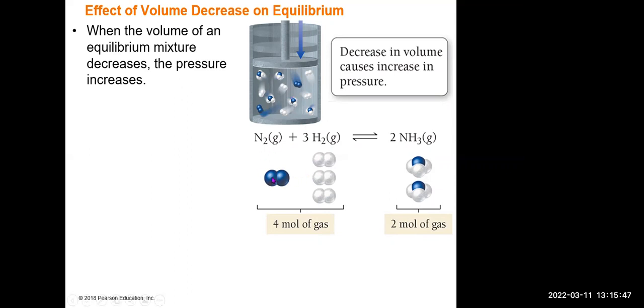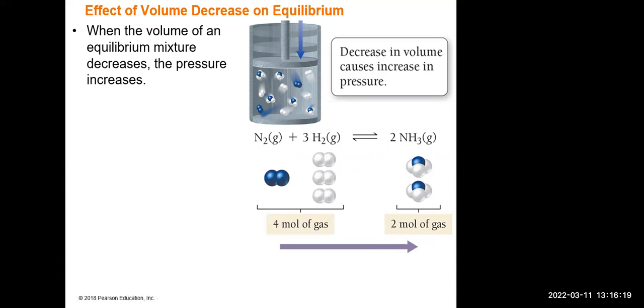So we don't care whether they are N2 or H2. We just see how much they have together. So we have 4. This 4 comes from this coefficient 3 here, plus this 1 here. So 3 plus 1 is 4. And here is 2. This 2 comes from this coefficient. So we just compare how many moles by adding the gaseous coefficients on the left and on the right. So in this particular example, we compare 4 moles of gas with 2 moles of gas, left and right.